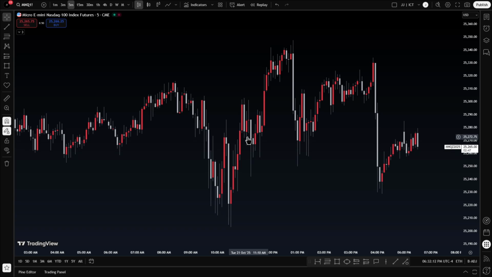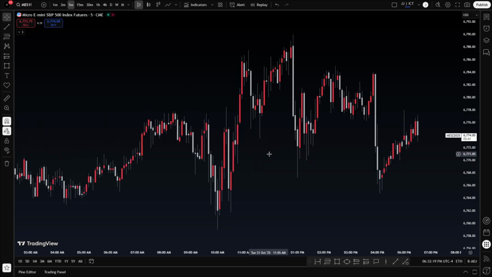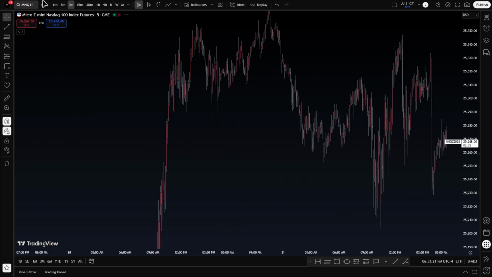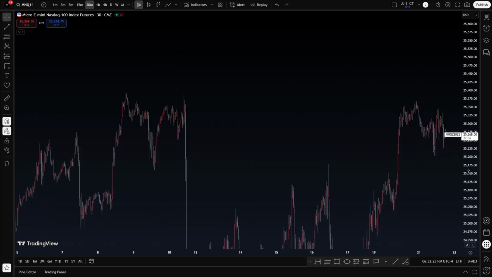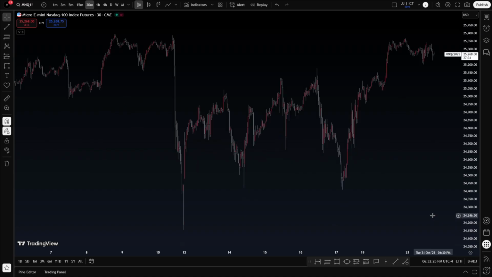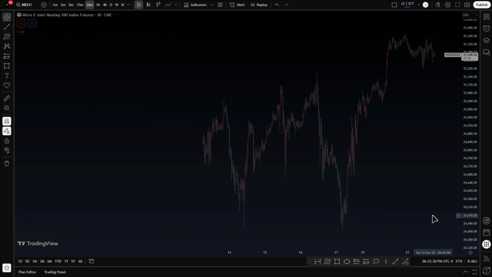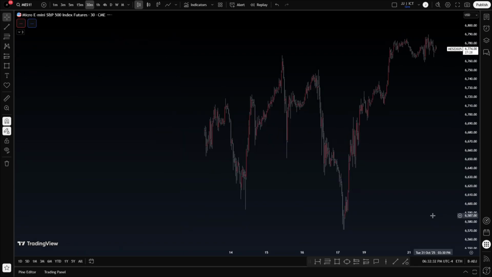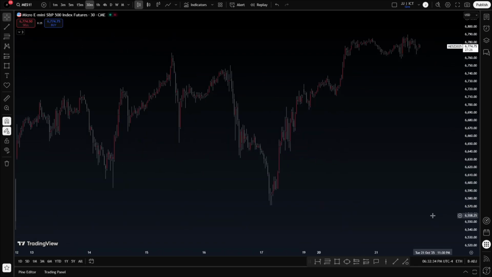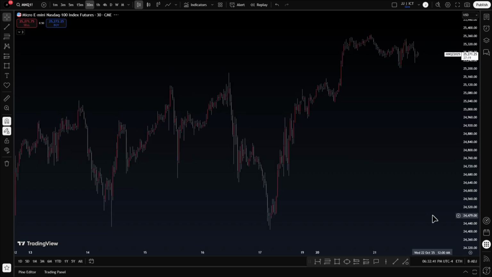Anyway, we're going over two correlated assets, the NASDAQ and the S&P 500. If I zoom out and go into 30-minute, we can see how these assets are correlated just from flicking through them. You can clearly see that they move almost exactly the same. There are very minor differences here and there, but overall it moves the same, right?